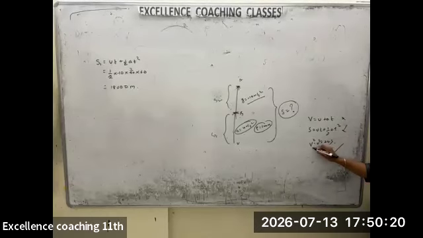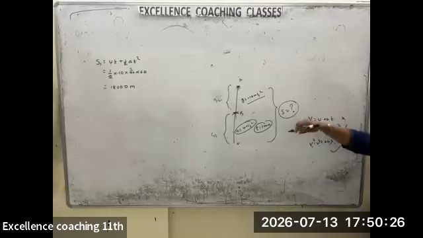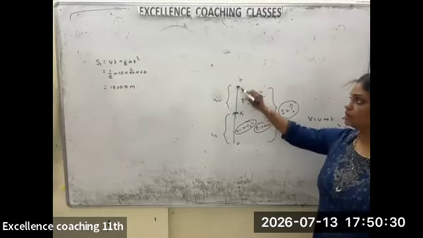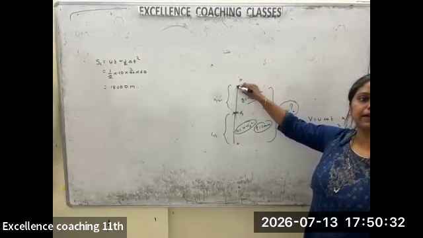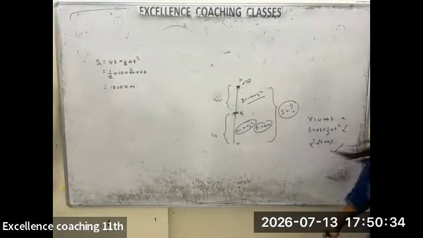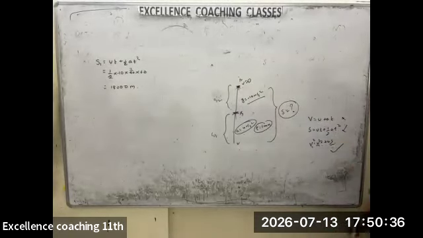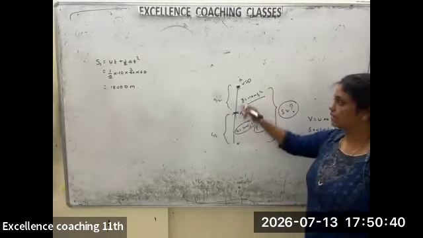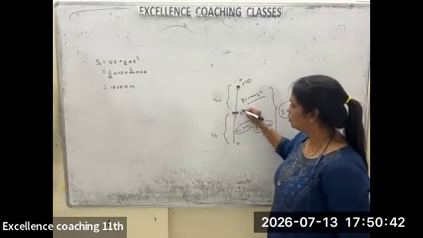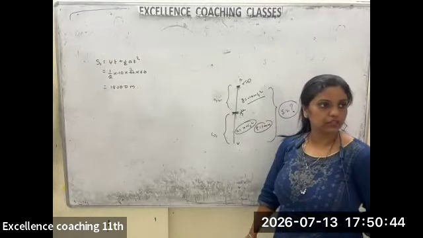V I have. V, final velocity. How much is the final velocity? The object is at maximum height. Now there are two unknown terms, U and S. What will be U? This is for the second part. This will be your U, right? Initial velocity.